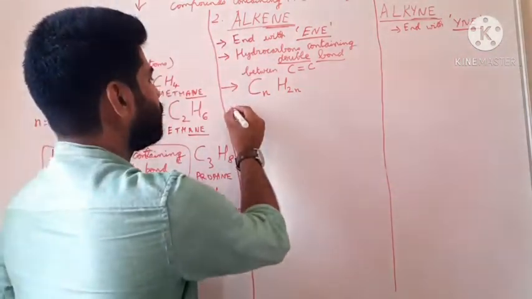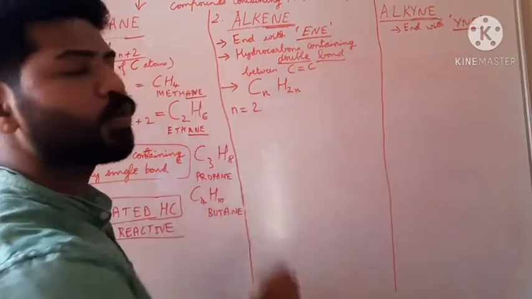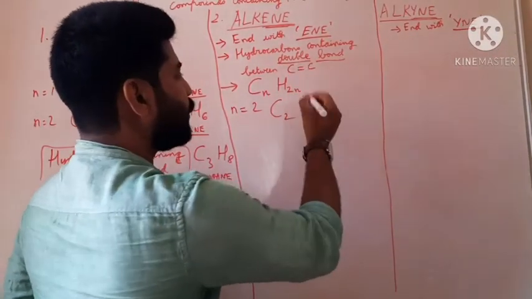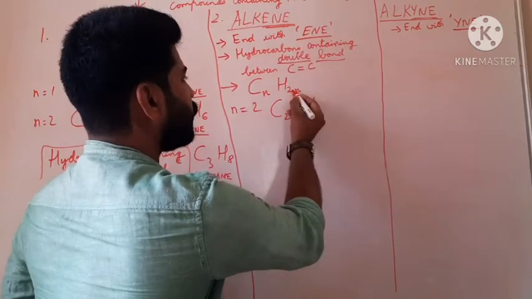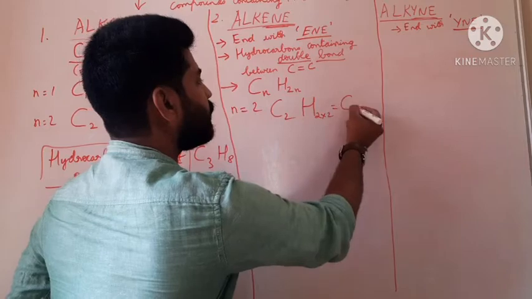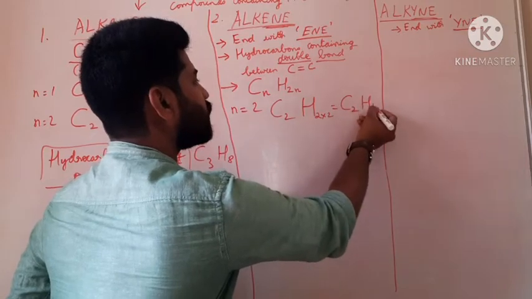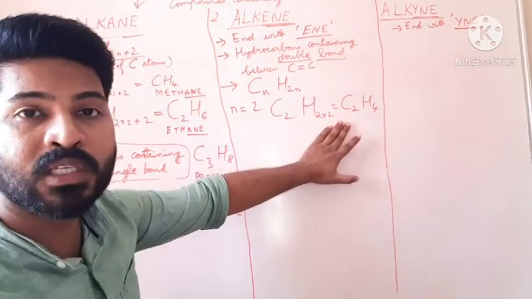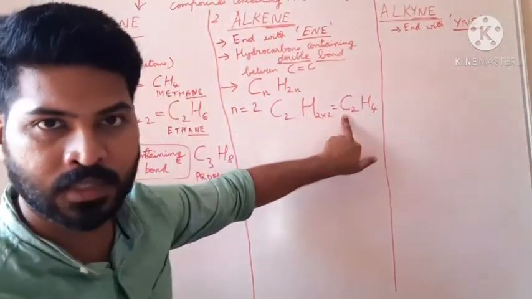Let us check with n equals 2. If there are two carbon atoms, C2H2n, 2 into 2, the formula will be C2H4. So maybe this structure is possible because there are two carbon atoms.